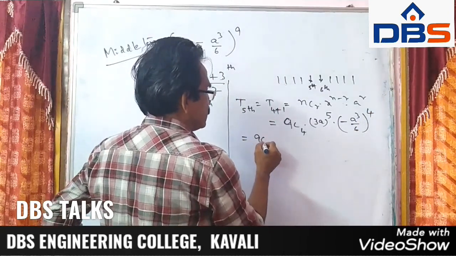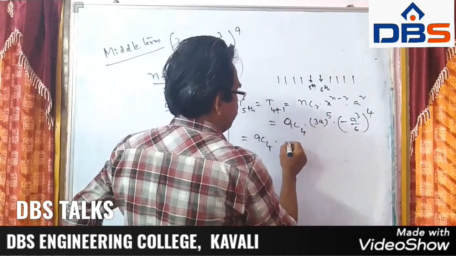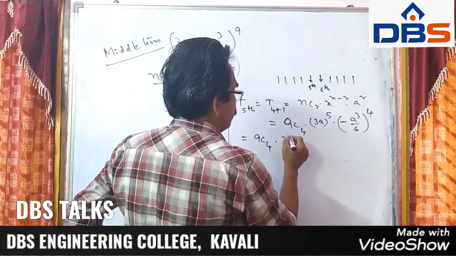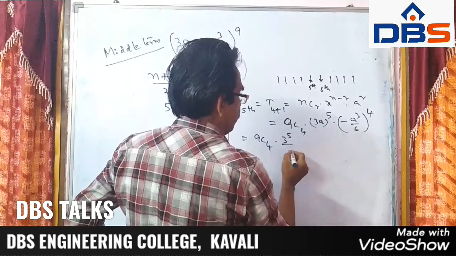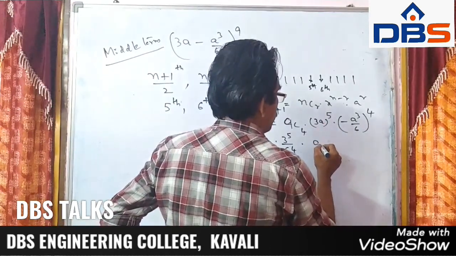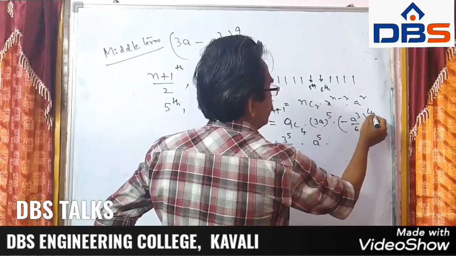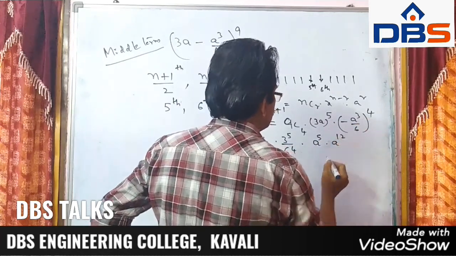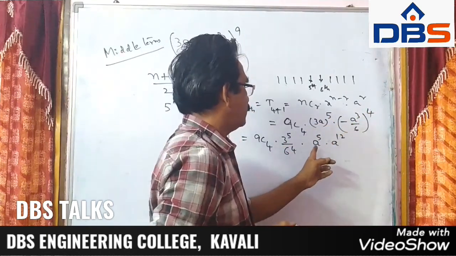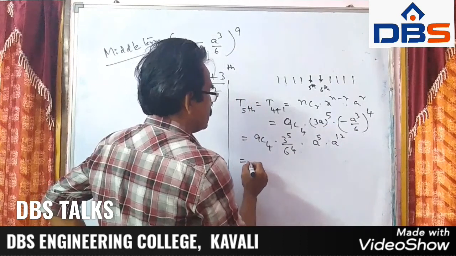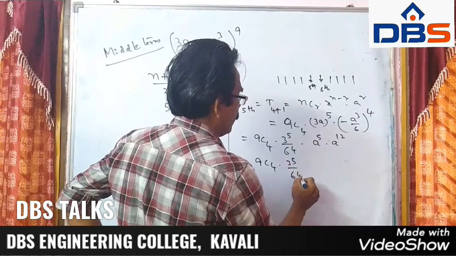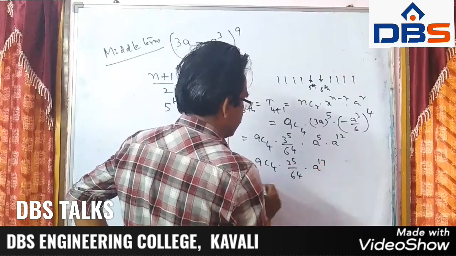This is equal to 9C4 into 3 power 5, minus becomes plus, 3 power 5 by 6 power 4 into a power 5 into a power 12. A power 5 friends, here a power 3 into 4 is 12. This is equal to 9C4 into 3 power 5 by 6 power 4 into a power 17.